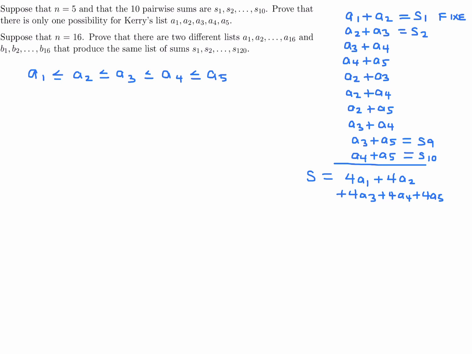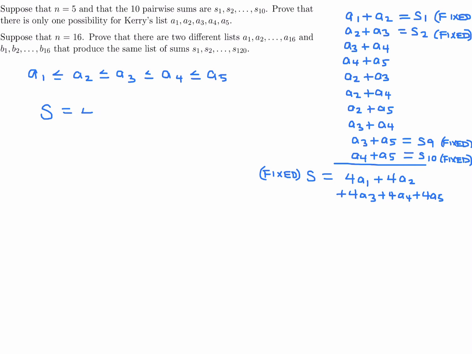So I'll just put fixed beside them to show that they're fixed. Fixed meaning those are set. Those will never change. And also, the total sum is fixed. No matter what the order is, the total sum will also be the same.